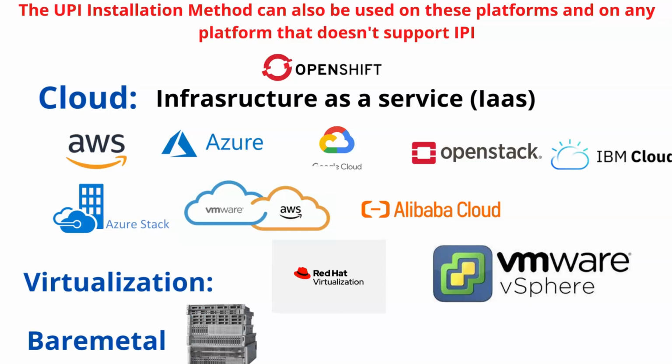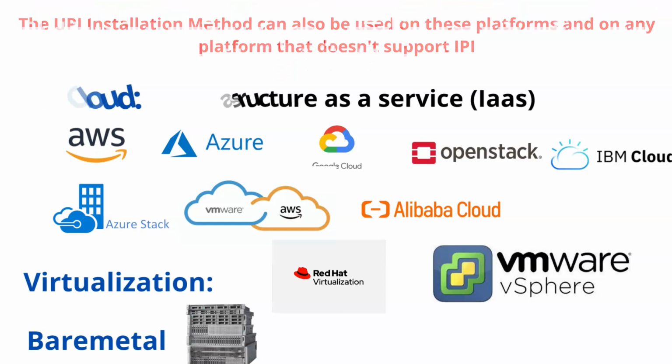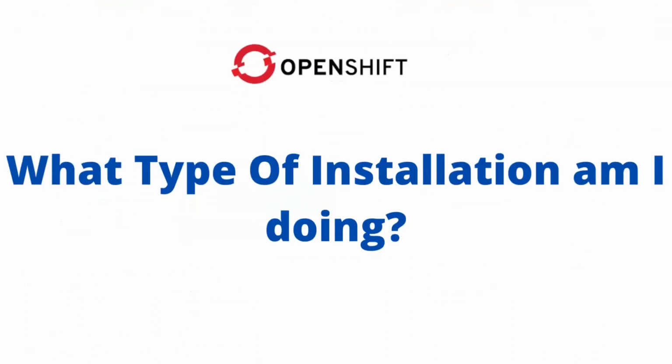If you don't have these platforms, and all you have is bare metal or any unknown platform, you will have to use the UPI method. So you need to ask yourself this important question: what type of installation am I doing? Am I doing the installation on cloud, or am I doing the installation on-prem?